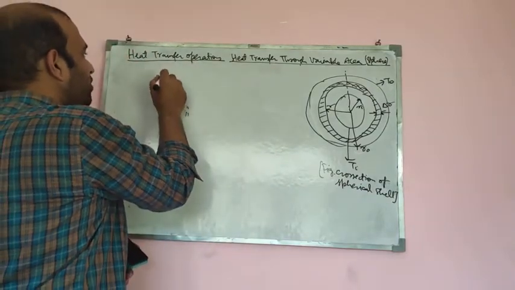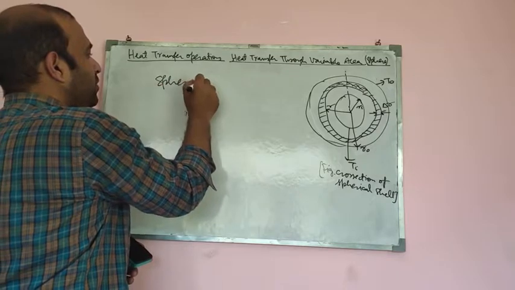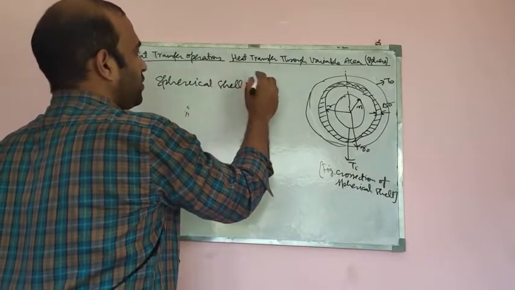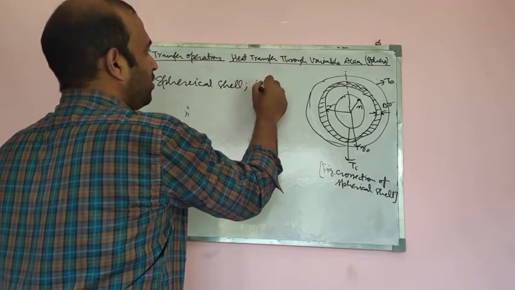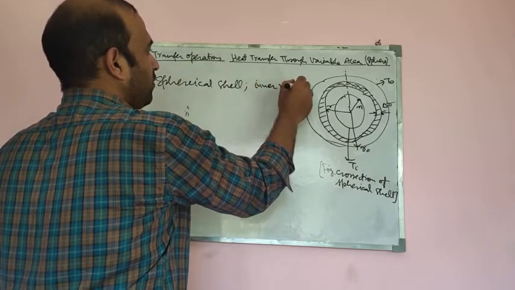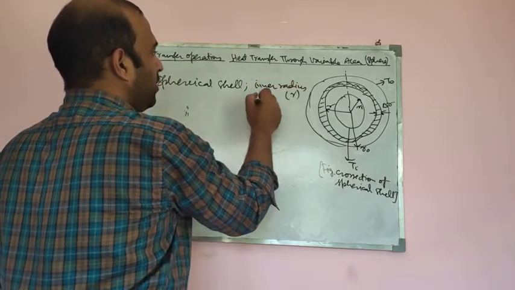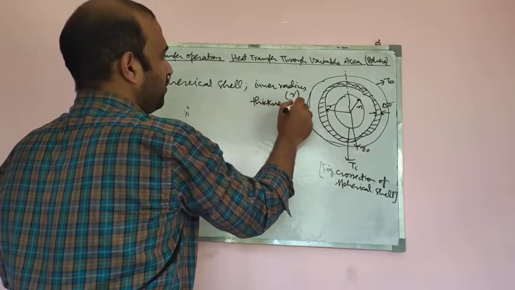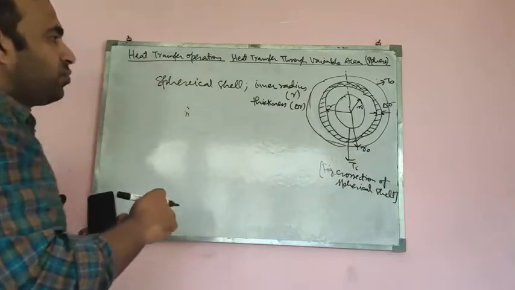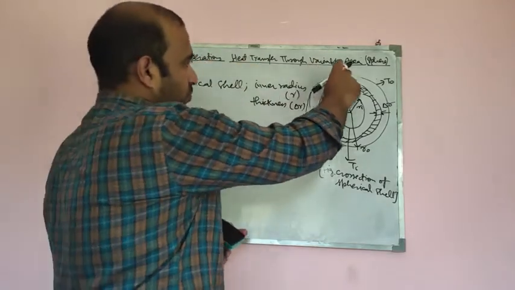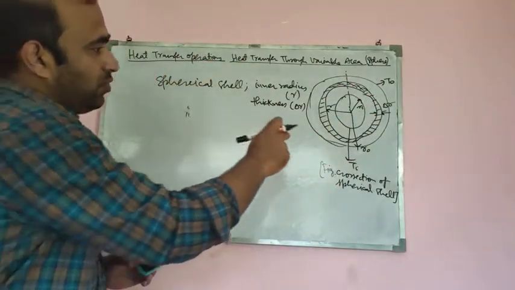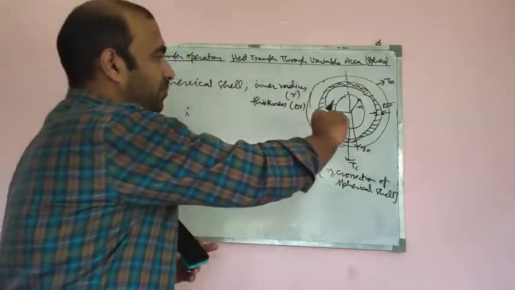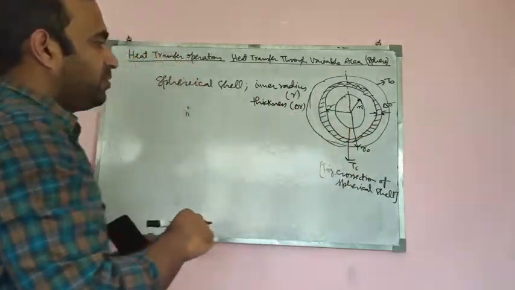So I am considering a sphere. Basically I am considering a spherical shell whose inner radius is r. It has a thickness of delta r. And this full sphere has outer radius r0 and inner radius ri, which are maintained at temperatures T0 and Ti respectively.